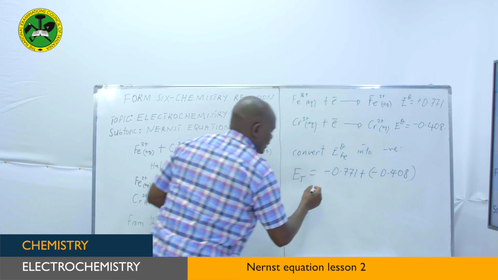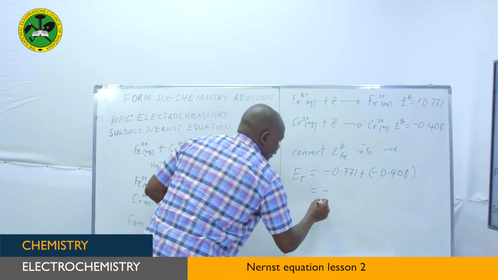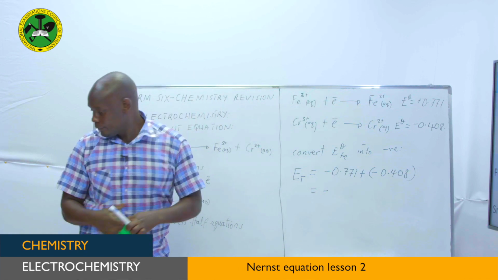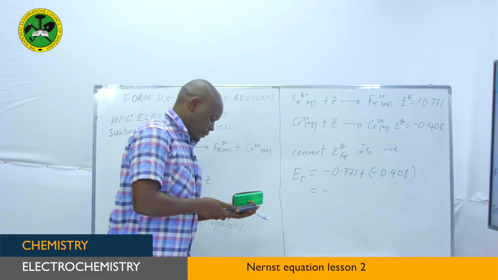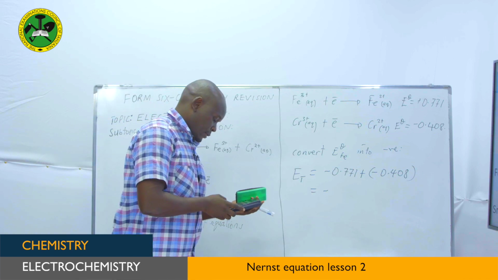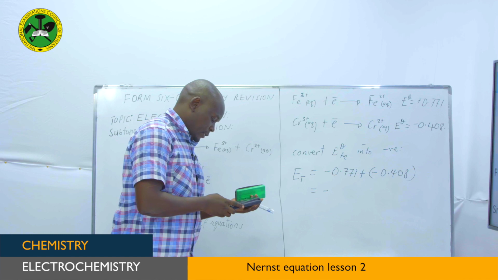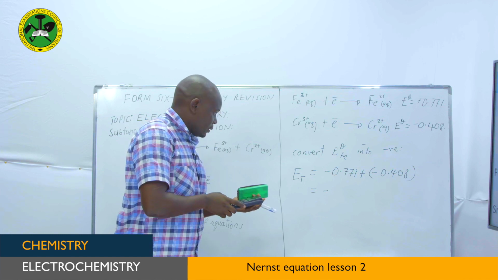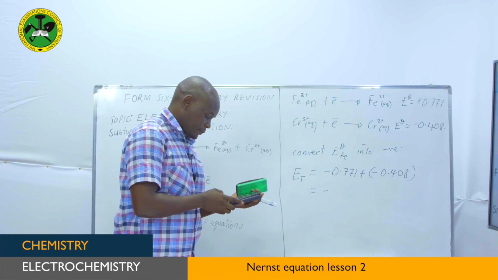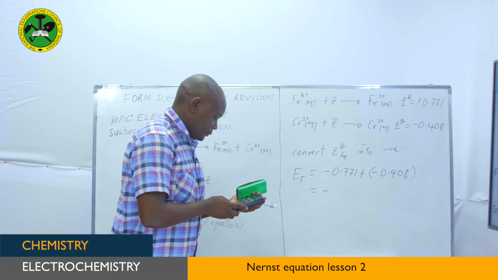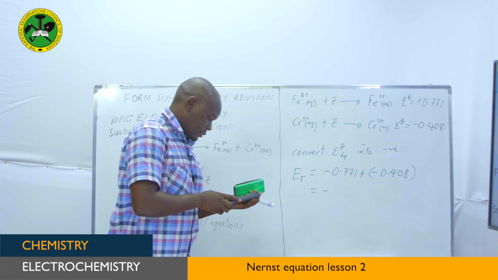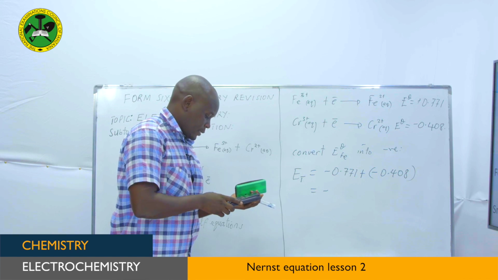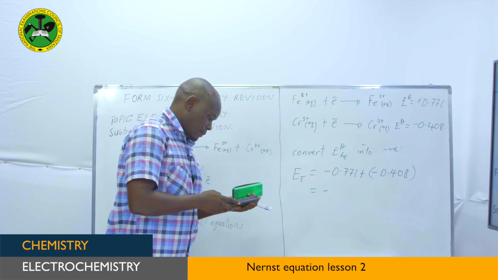So if we find it, using your calculator, it will be negative 0.771 minus 0.408.